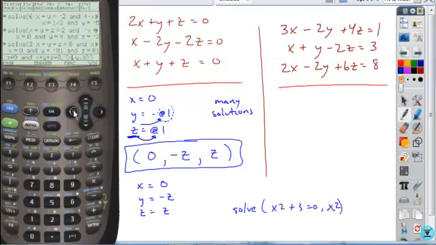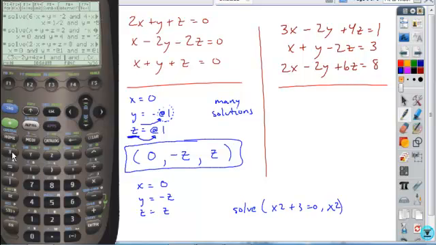Again, if I just leave my template as it is, I can delete the equations that are in it and just re-enter the new equations. So I get 3x minus 2y plus 4z is equal to 1.